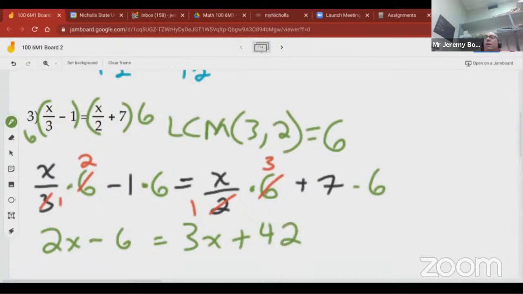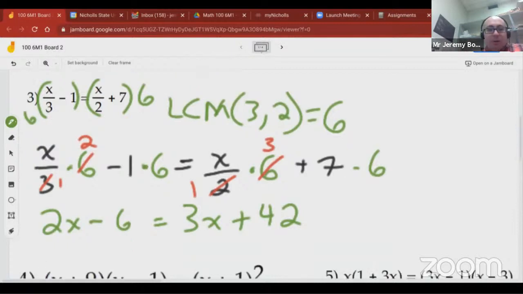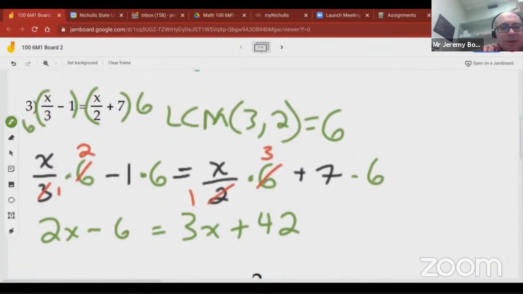Now from here, we got a lot of options because both sides have a term with a variable and both sides have a constant. So you can kind of pick and choose which way you want to move this. What I decided to do is subtract 2x. And so what I end up with was negative 6 is equal to x plus 42.